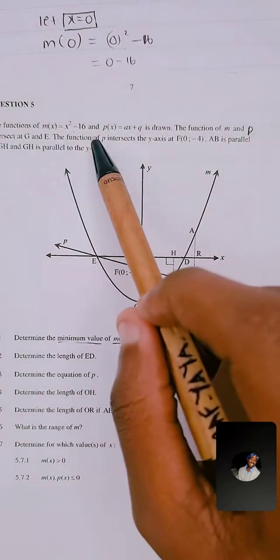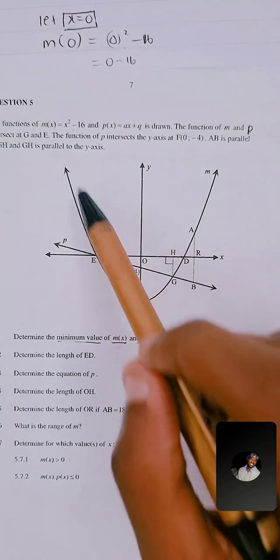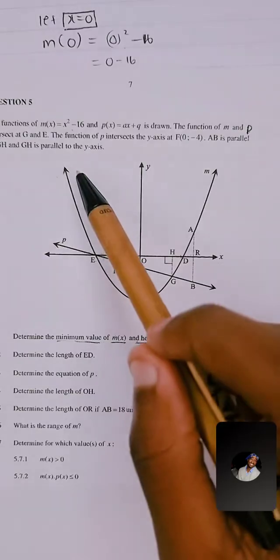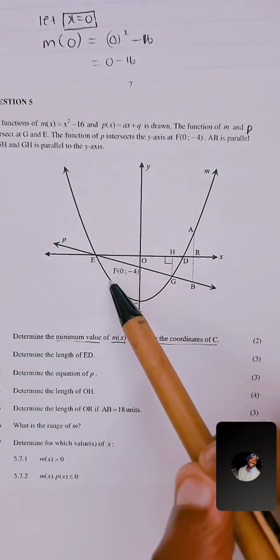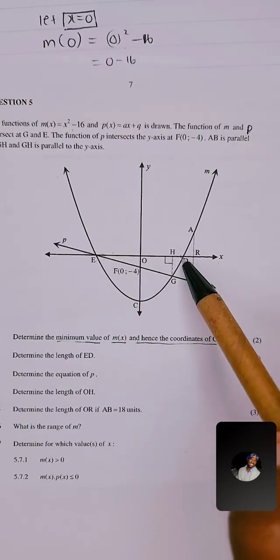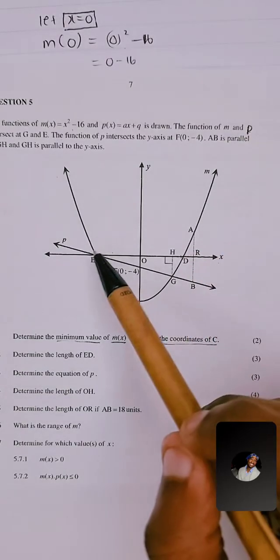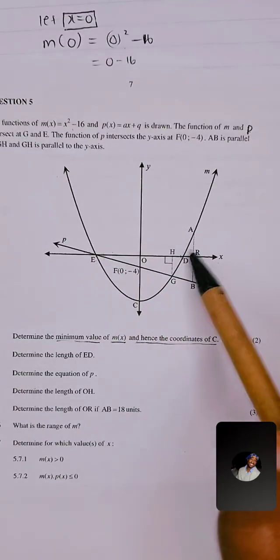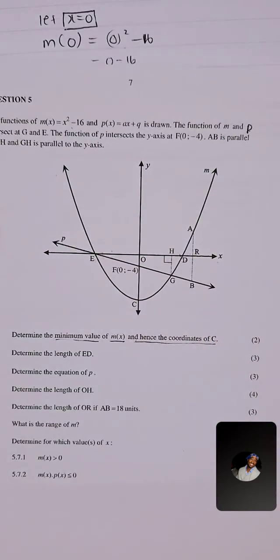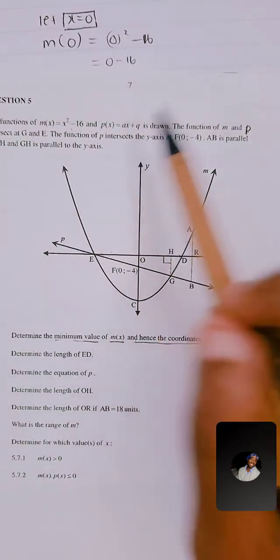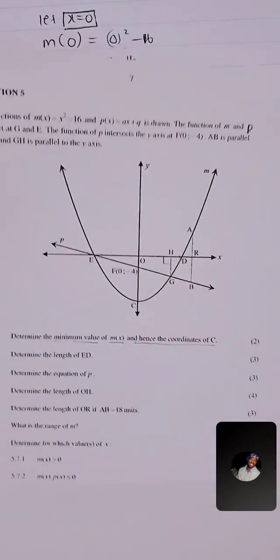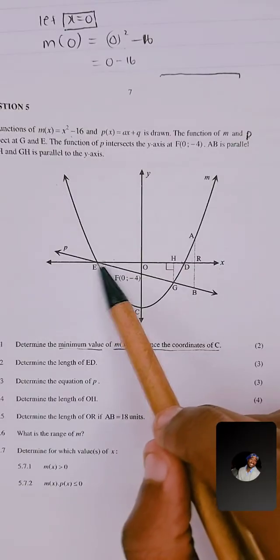The parabola passes through both E and D. As it decreases here, it passes through E. It turns, and as it increases here, it passes through D. So it is the only function that passes through both E and D. The straight line also passes through E, but it does not pass through D, and we don't have the equation of the straight line. So we are going to use the parabola's function and get the coordinates at these points.